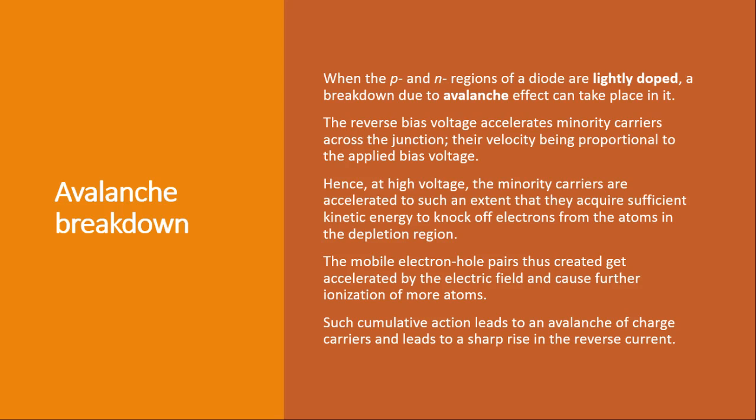This process is known as the ionization of atoms and generates mobile electron hole pairs, which in turn get accelerated by the electric field and cause further ionization of more atoms. This leads to a cumulative increase in the number of minority charge carriers, and this cumulative action leads to an avalanche of charge carriers and hence a sharp rise in the reverse current.